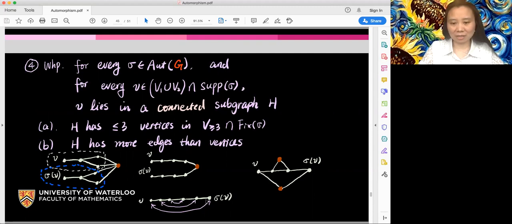V can be mapped here, and this mapped here, this mapped here. But again, this is a path, so there must be some vertex here with degree 3, and then you start to explore the neighborhood of those degree 3 vertices until you meet something that's fixed. Eventually, you will also see a lot of cycles. And the same thing happens with vertices with degree 2. So this maps to here, this maps to here, these are of degree 2.